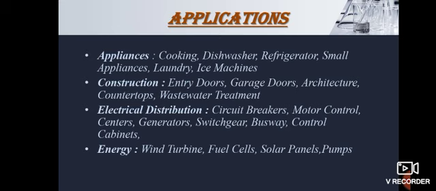And in construction, it is used in entry doors, garage door, architecture, countertops, wastewater treatment. And in electrical distribution, it includes breakers, motor control centers, generators, switchgear, busway control cabinets. And in energy: wind turbine, fuel cell, solar panels, pumps.